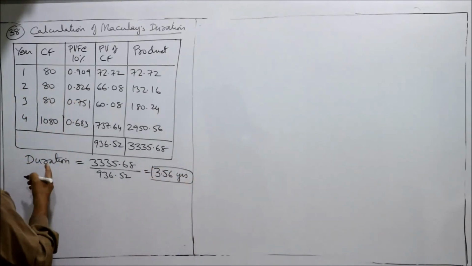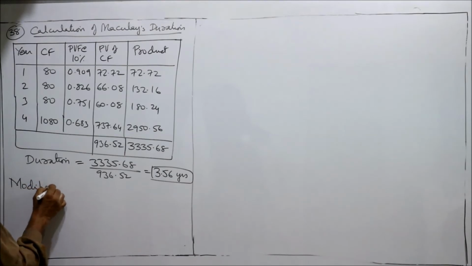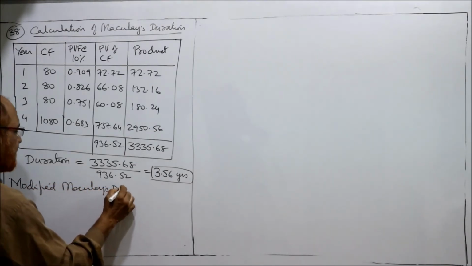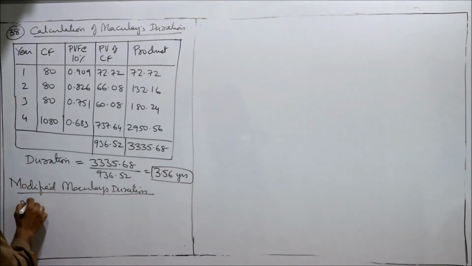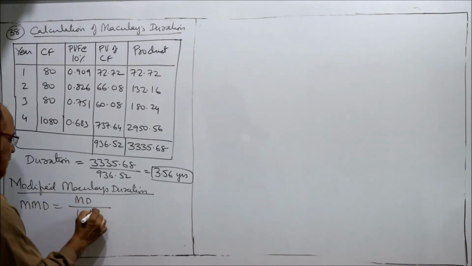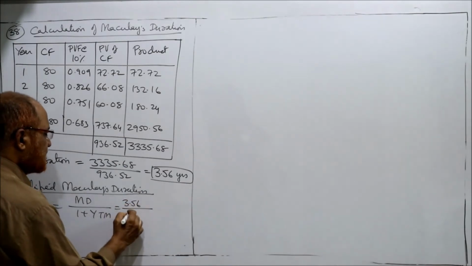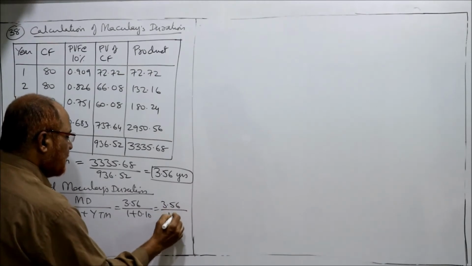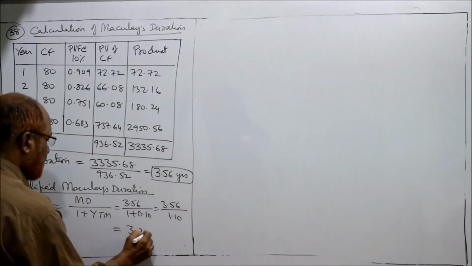This is the duration. The modified Macaulay's duration, MMD, is equal to MD divided by 1 plus YTM. That is equal to 3.56 divided by 1.10, which comes to 3.24.